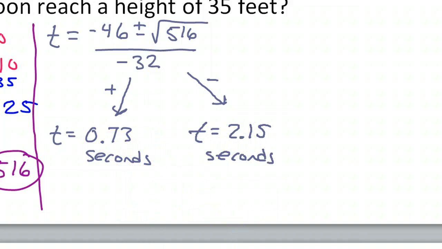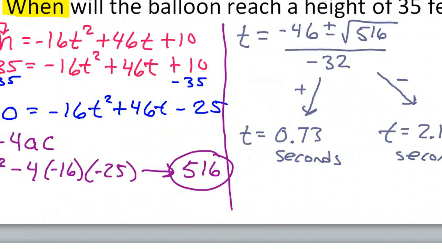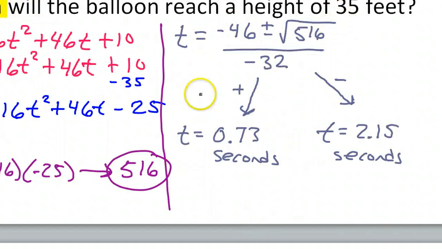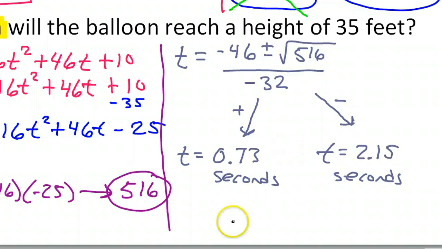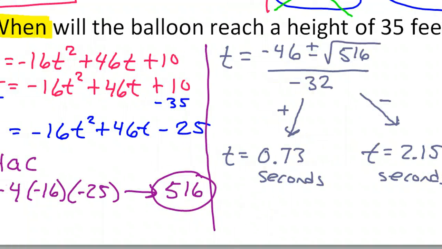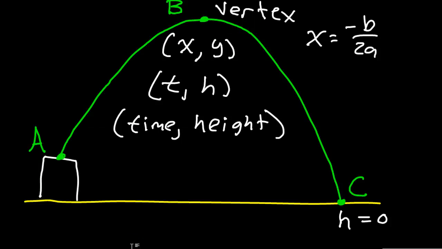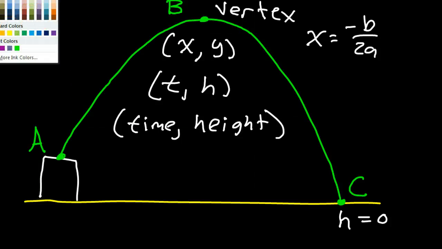So how is this possible? Just understand this, guys. They're asking us, when will the balloon reach a height of 35 feet? Well, I want you to understand that looking at this picture, maybe you can understand. Imagine that we're talking about reaching a height of 35 feet.